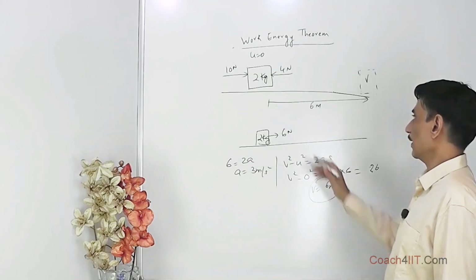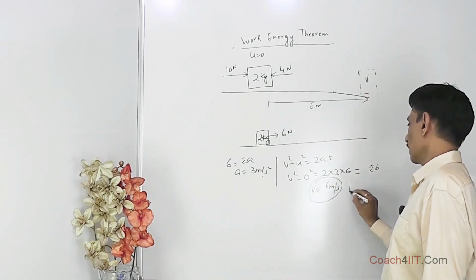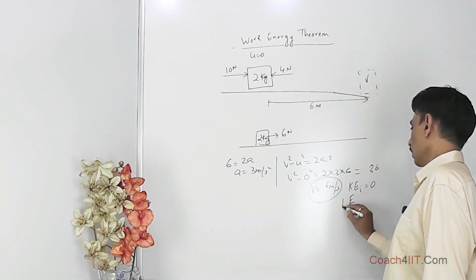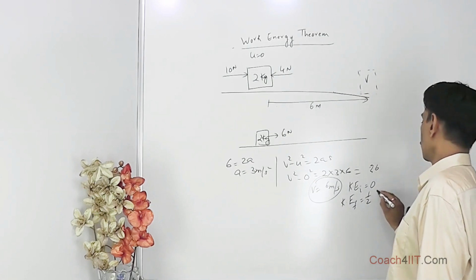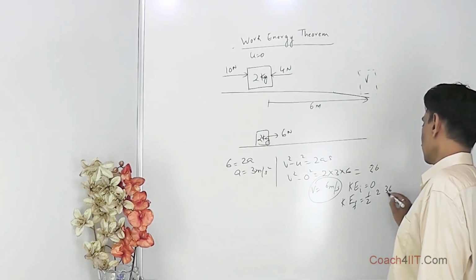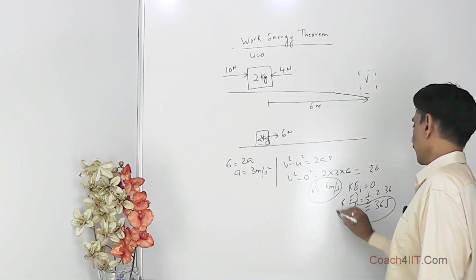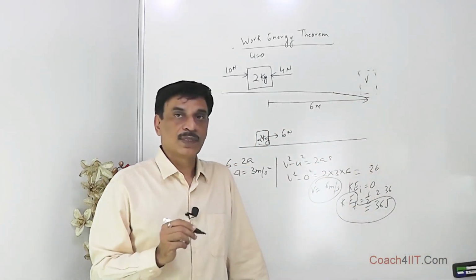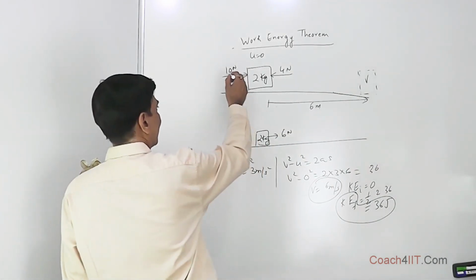If we are interested in the change in kinetic energy, initially the kinetic energy was 0, and kinetic energy final is half m v square. M is 2, v square is 36, so the kinetic energy final is 36 joule. Now let's see what the work done by the resultant force is.